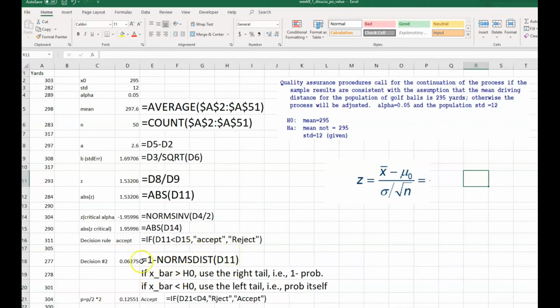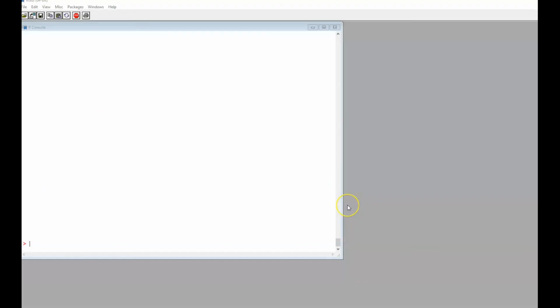Because this is half P, we have to times 2. So the probability, 12.6%, is higher than 5%. According to the P value compared with the z value, we also accept the null hypothesis. Yes, they are equal. Next, we are going to have a one-sided test.